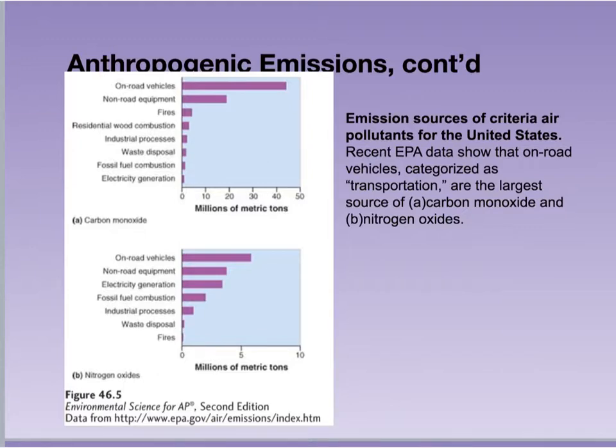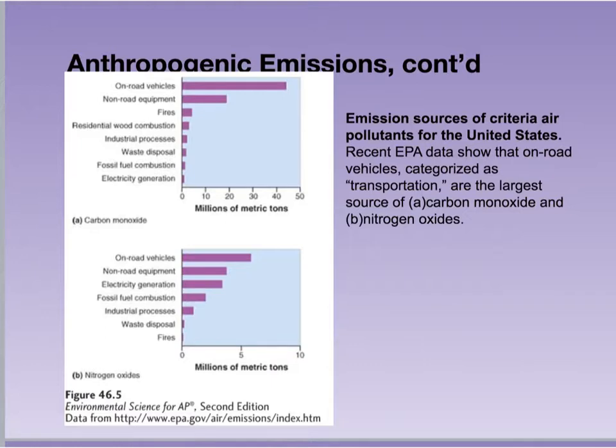So when humans create pollution, that's an emission source or criteria of air pollution in the United States. You can see from this diagram that this is in millions of metric tons. For off-road vehicles or non-road equipment, we get to 45 million metric tons, and that would be in the production of anything.